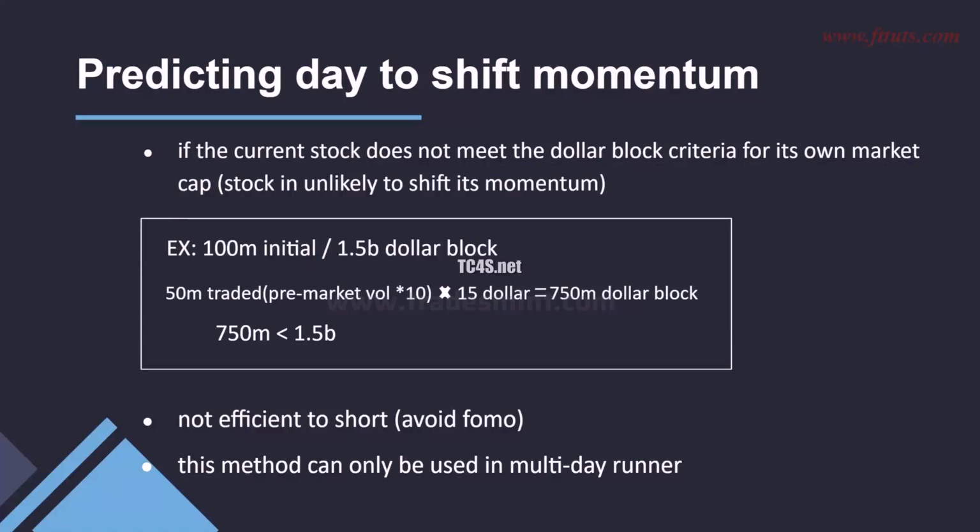And if the dollar block is at 1.5 billion, that means the current day's total traded amount does not exceed the $1.5 billion block. That means today is unlikely to shift its momentum since it hasn't reached its peak yet. So that also means it's not efficient to short, and this is how you can avoid FOMO. You can just turn your platform off and stop trading that. And as I said, last point, this method can only be used in multi-day runner cases.